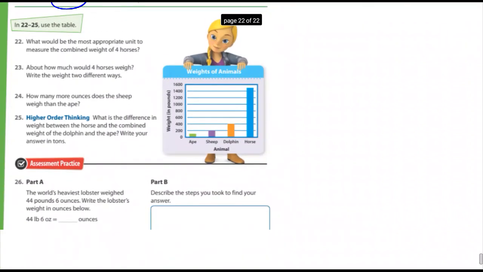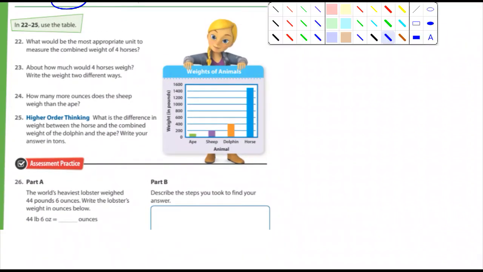Okay? All right. Last thing I really wanted to talk about here. What would be the most appropriate unit to measure the combined weight of 4 horses?